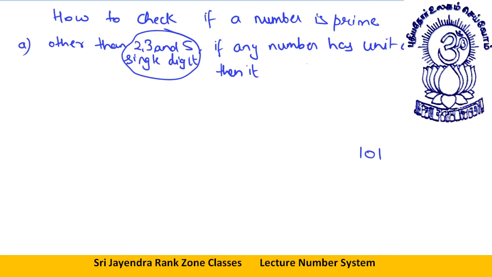Oh, I'm very sorry, I misspoke. The unit digit that rules a number out is 2, 4, 6, 8, 0, and 5. If any number terminates with either 2, 4, 6, 8, 0, or 5, then it cannot be prime. This is part A. Then comes the other thing.